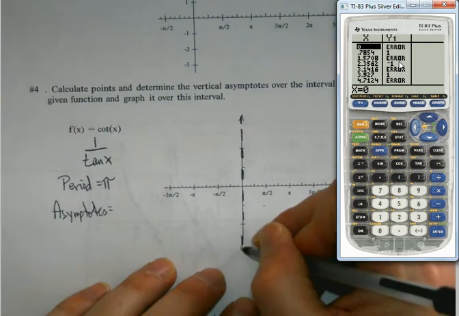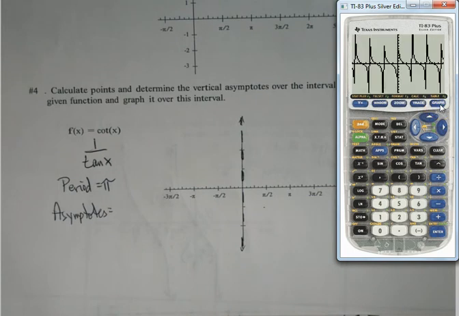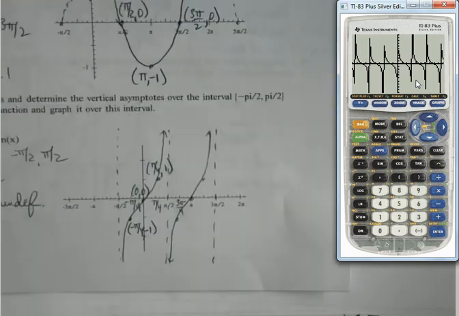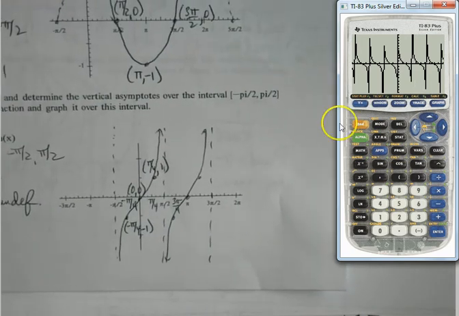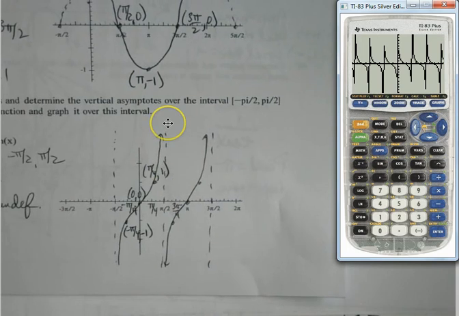Now, here's the part that gets tricky, and I want to have these side by side. So let me get these back up. What you're going to notice, and let me get the picture back up for a second. You're seeing the same thing that basically we had here with tangent, except now, instead of going here, we're going to be going this way.